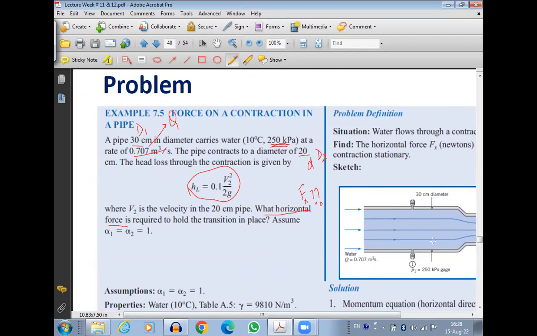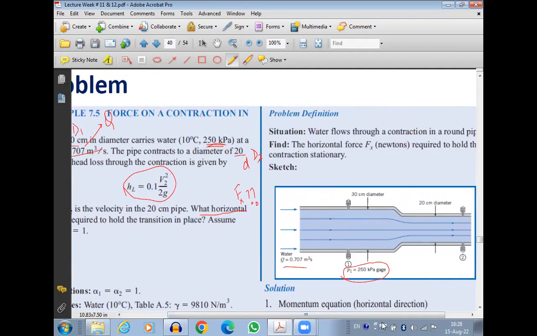This is the pressure in the bigger pipe, P1. The volume flow rate in the bigger pipe is 0.707 meter cube per second, as mentioned, and we need to find the force required to hold it in place.